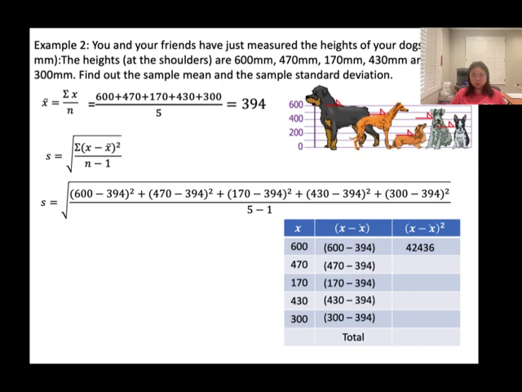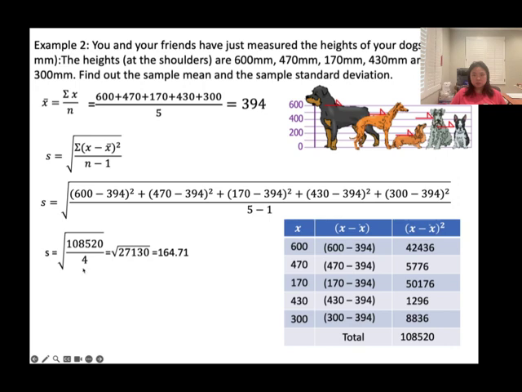Okay, check your work. You take the square and then add it all up. Okay, this is the total. This will be equivalent to the numerator here. So you should have this one divided by 4. And then the standard deviation will be equal to 164.71.